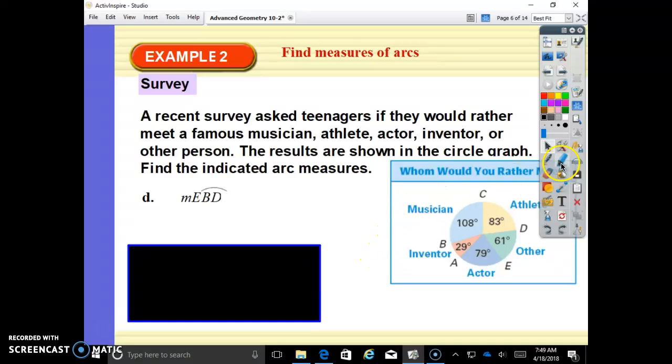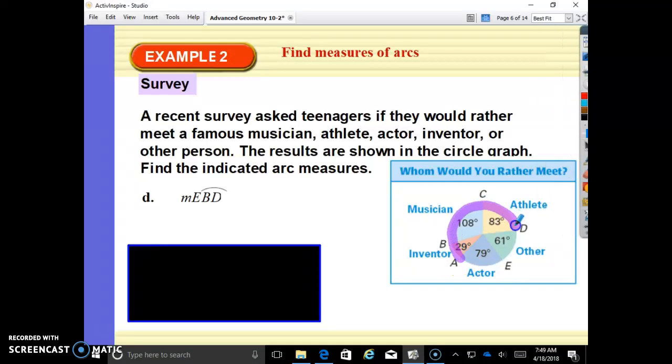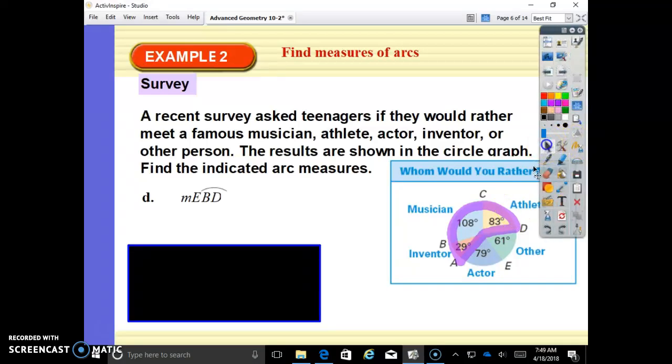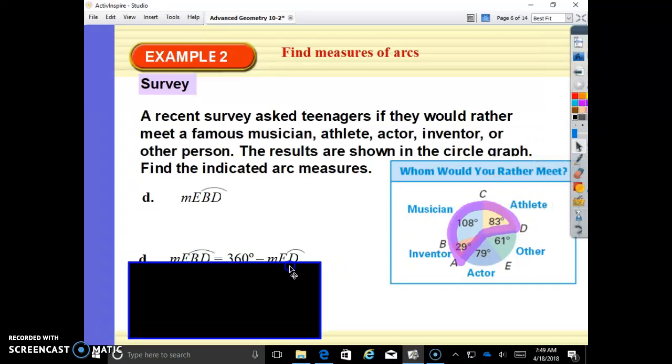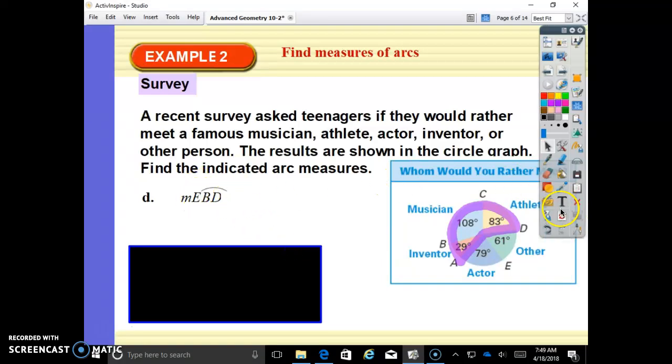How about the measure of arc EBD? Major or minor? Major. 108 plus 29 plus 83. Oh, did that say A? No, it's E. What does it say? E. Somebody needs to sleep more.